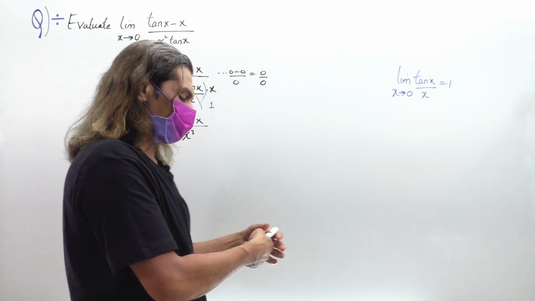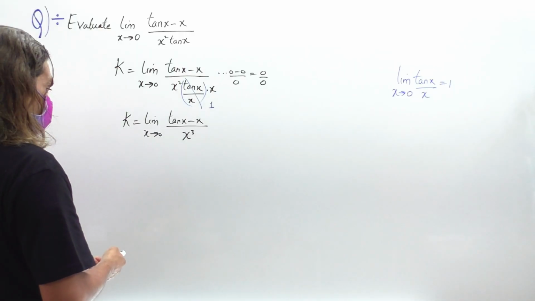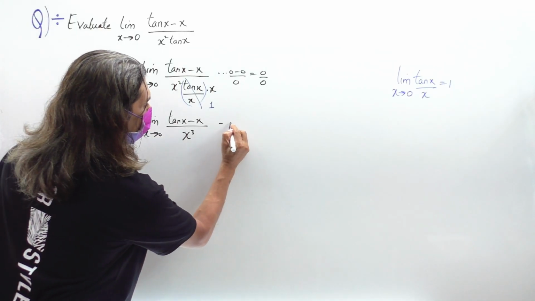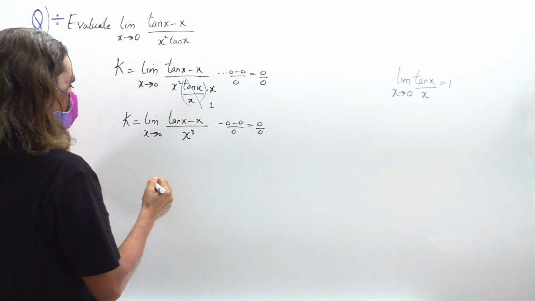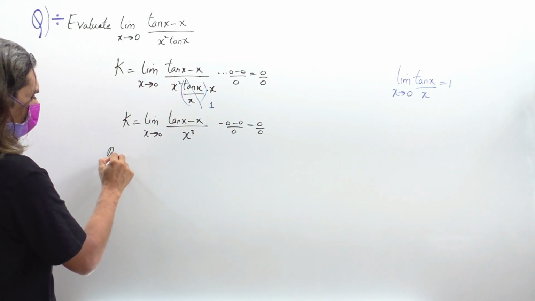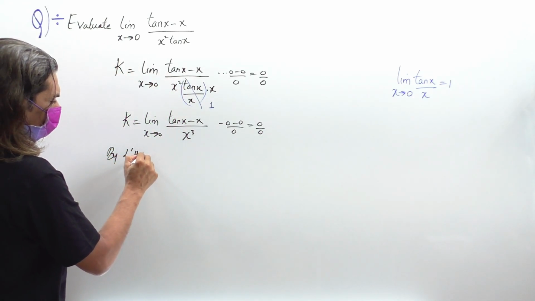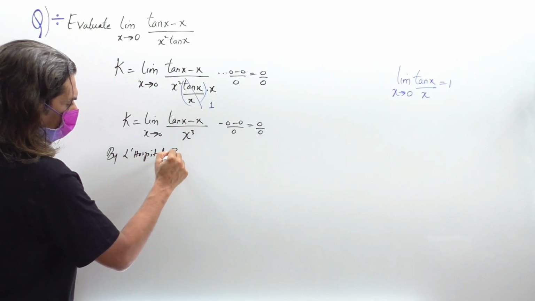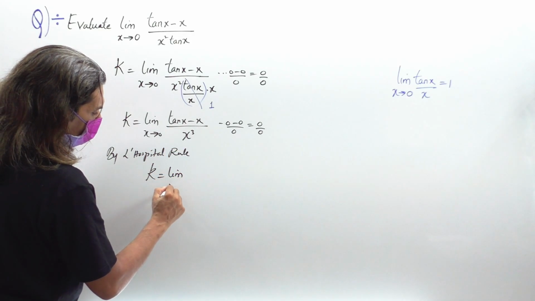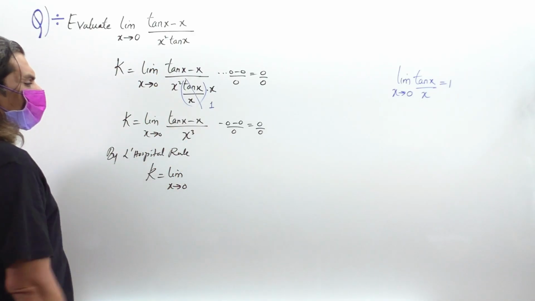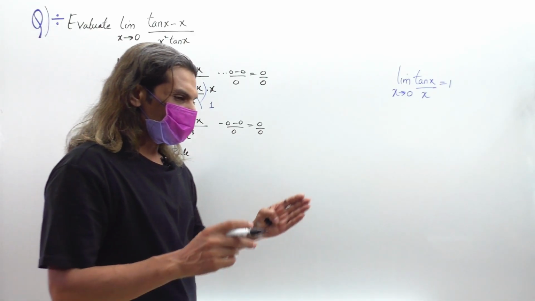Now let's solve for this. Apply the limits here again. This will be 0 minus 0 by 0, that is 0 by 0. So you can apply L'Hopital's rule. What does L'Hopital's rule say?